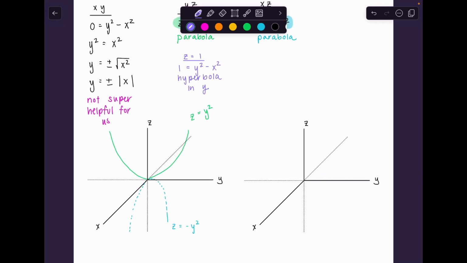So if I slice this at z equals 1, which is a plane like this, I have a hyperbola opening along the y-axis. So what that means is you have a hyperbola in this direction.